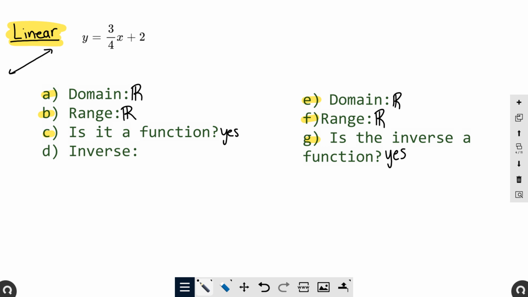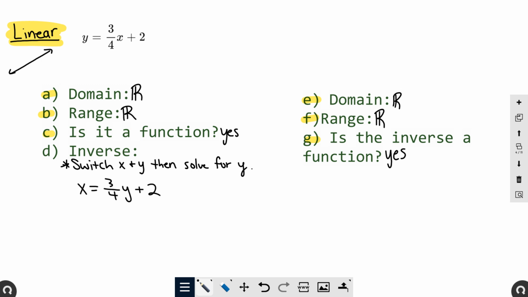Now, to find the inverse, you have to switch x and y, then solve for y. So in this equation up here, I'm going to switch where those are, and it would be x equals 3/4 y plus 2.